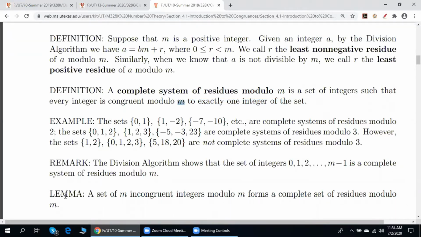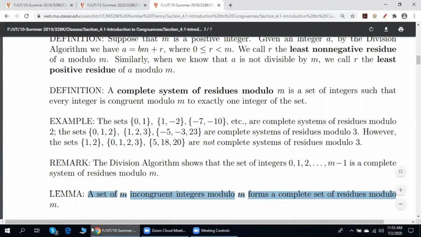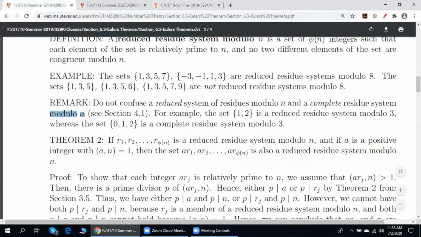By the way, take a look at this lemma. A set of m incongruent integers modulo m forms a complete set of residues modulo m. In other words, the difference between this and this is the following.